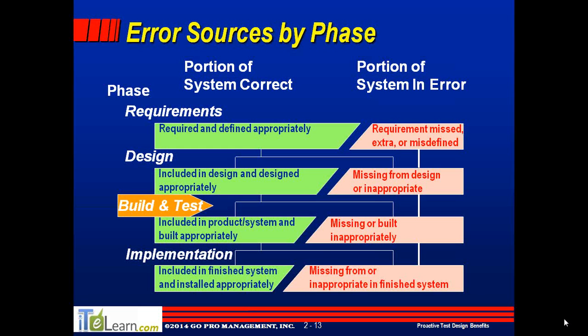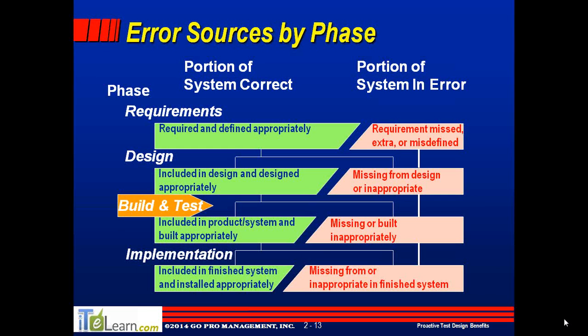And testers are perfectly capable of confirming that that incorrect design was implemented as designed, with neither the developer nor the tester having a clue that the design was wrong. By the way, the major source of wrong designs is wrong requirements.